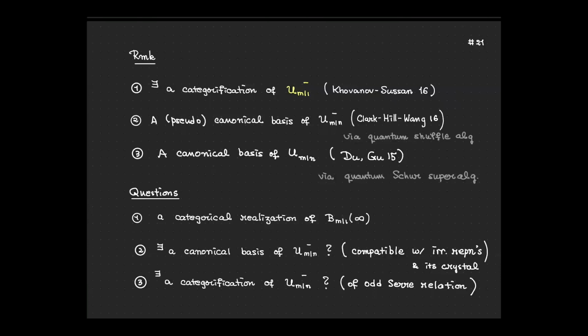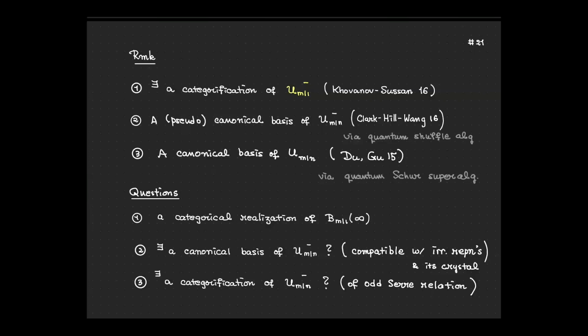Okay. And also there are a couple of works on the canonical basis of the negative part of the quantum group. One is the paper by Clark, Hill and Wang, whose preprint I think was uploaded earlier than the next one.